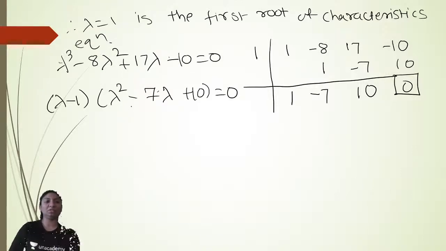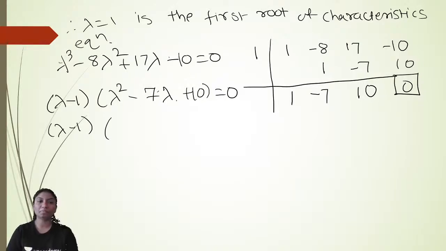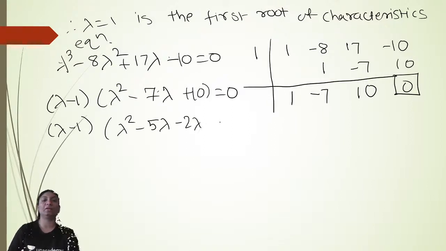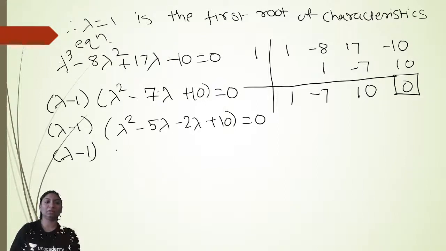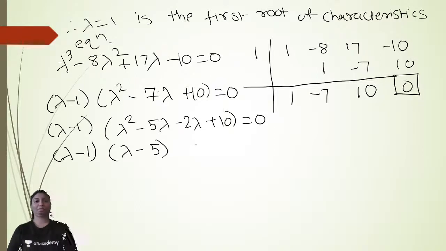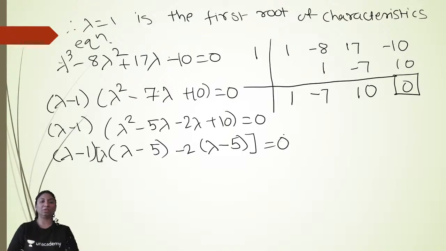Now we can find the other roots for this. So we get lambda minus 1 into lambda square minus 5 lambda minus 2 lambda plus 10 is equal to 0. So we get lambda minus 1 into lambda into lambda minus 5, minus 2 into lambda minus 5, is equal to 0.